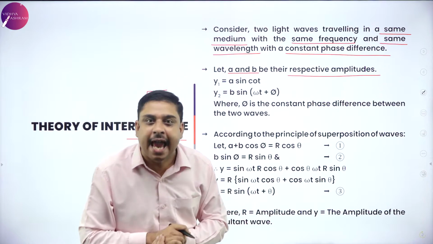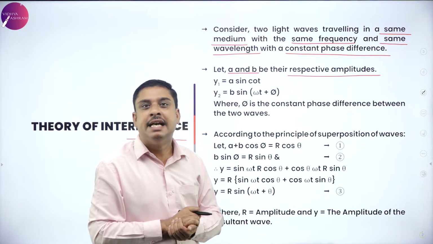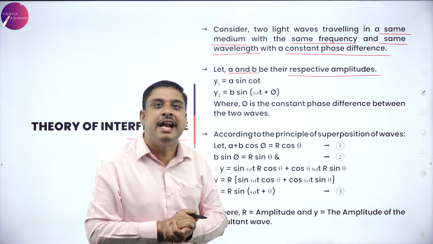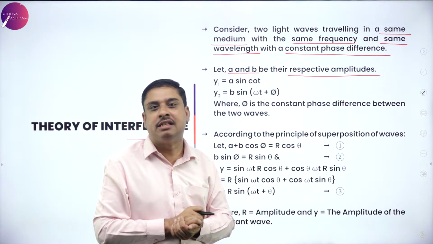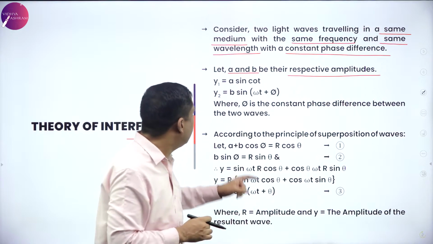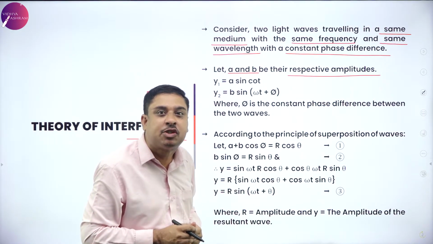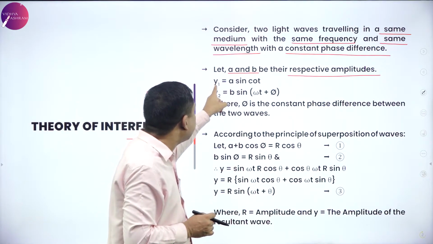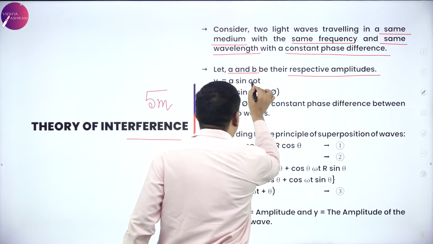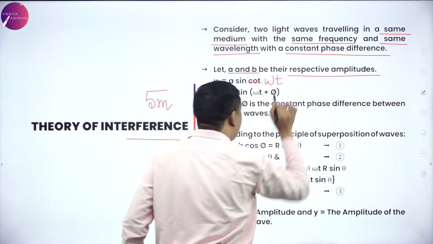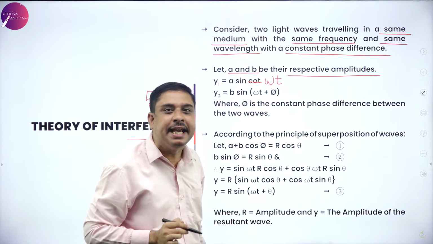They have the same frequency, same wavelength and constant phase difference. Now, what is the displacement of the first wave? y1 equals A sin omega t.